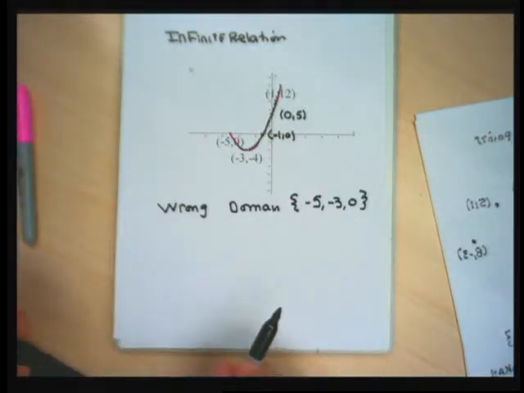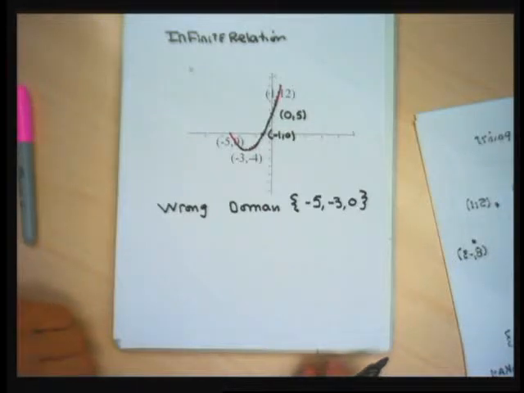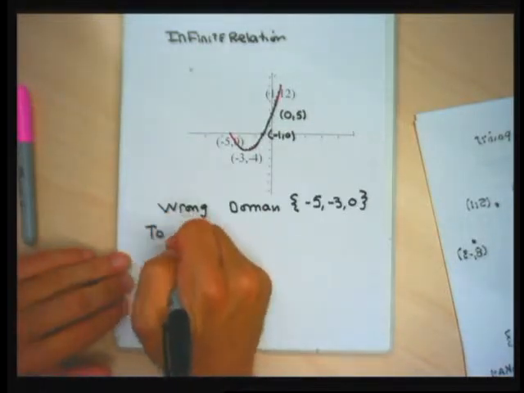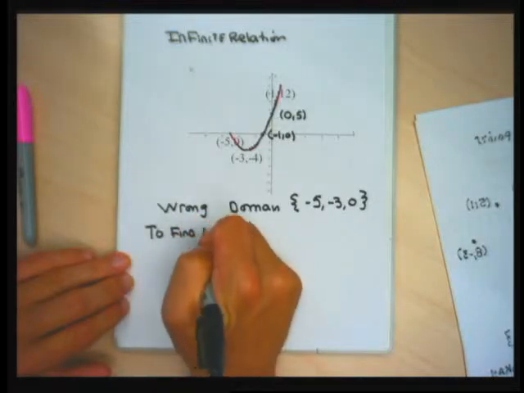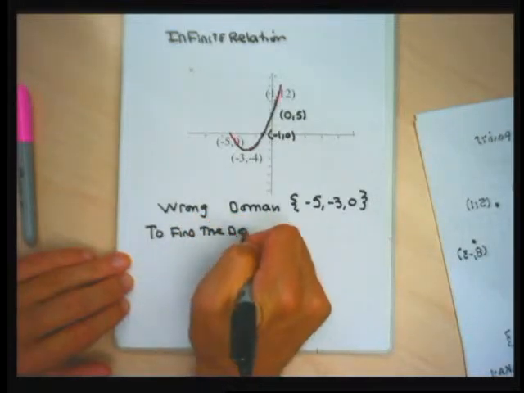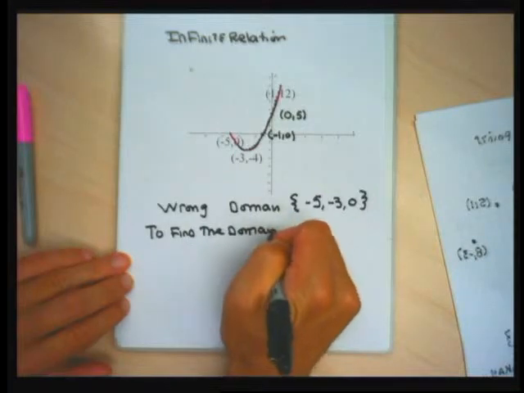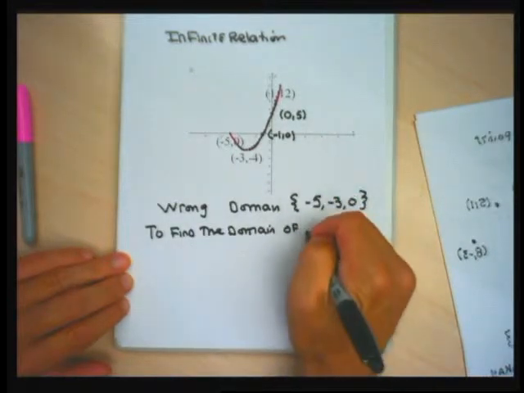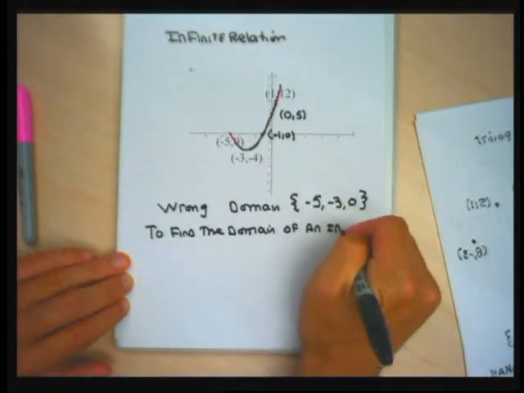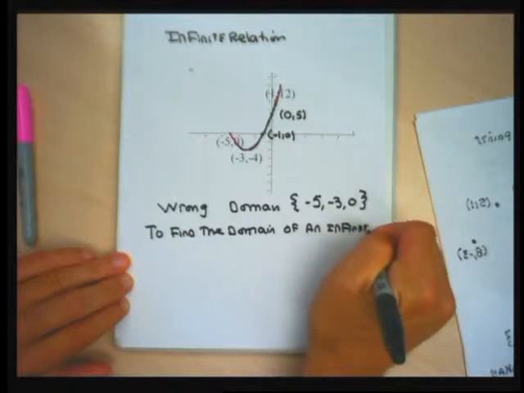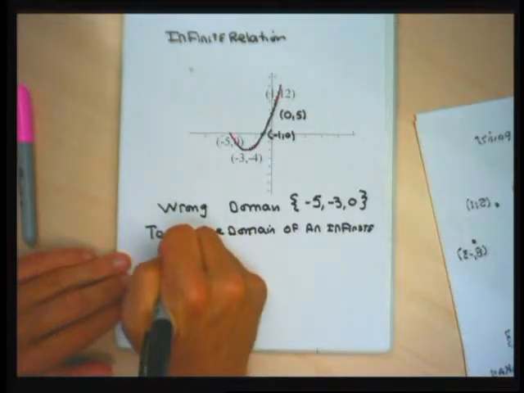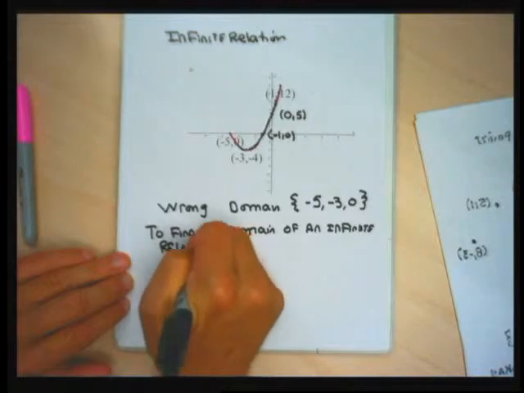What you have to do for the infinite relation is describe a range or an interval of values that x's can take. So to find the domain of an infinite relation, it's not hard, meaning it has more than just a fixed number of points.